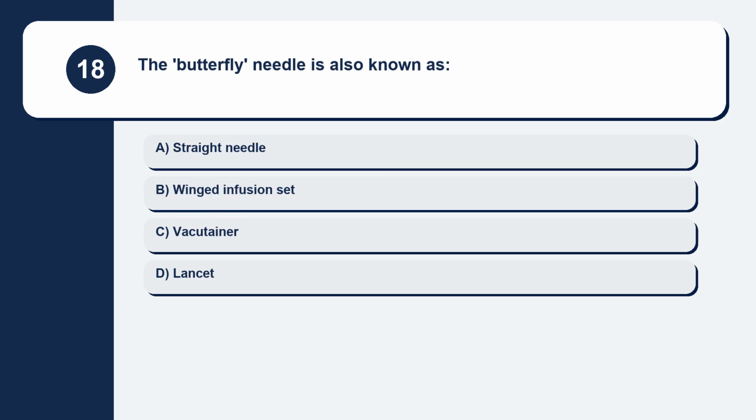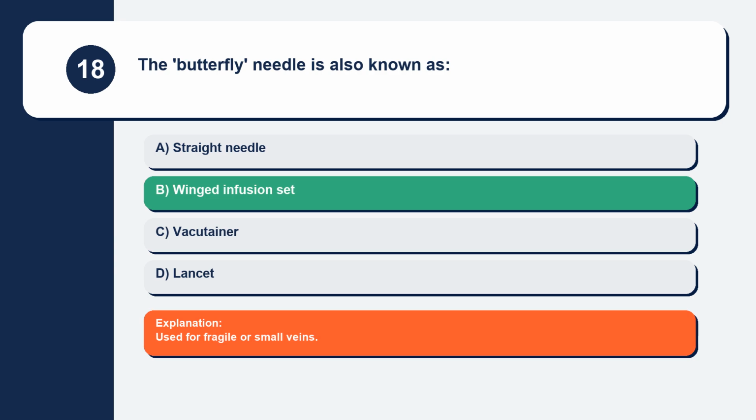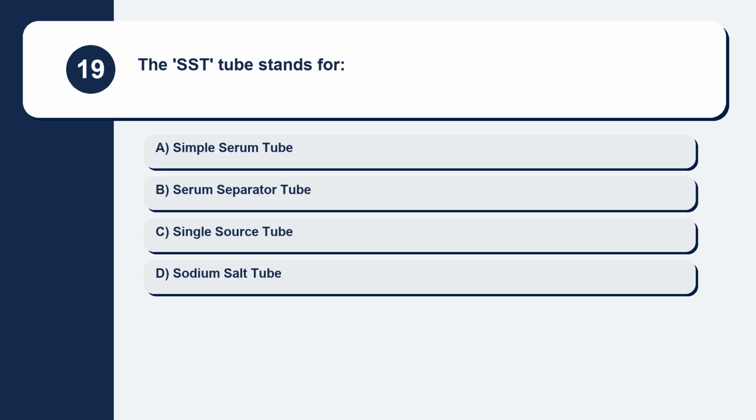Question 18. The butterfly needle is also known as straight needle, winged infusion set, Vacutainer, lancet. Used for fragile or small veins. Question 19. The SST tube stands for Simple Serum Tube, Serum Separator Tube, Single Source Tube, Sodium Salt Tube.